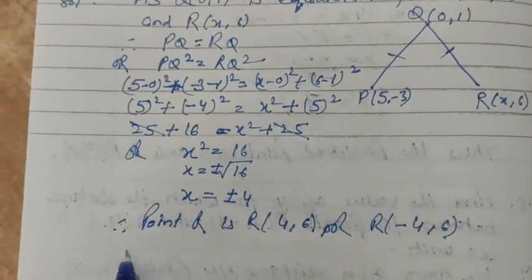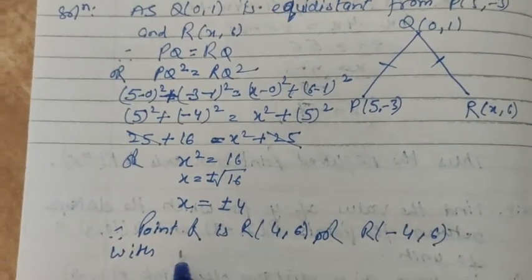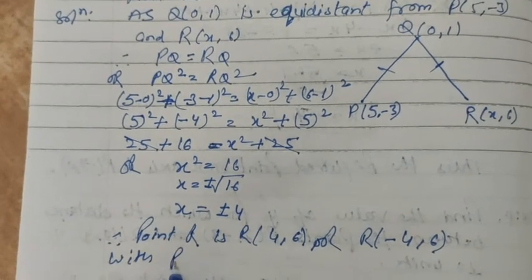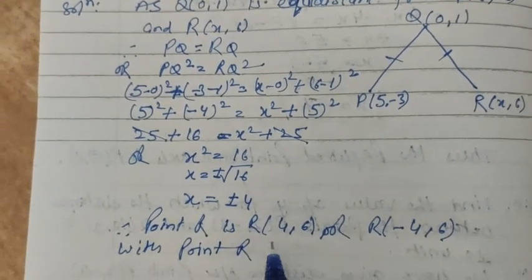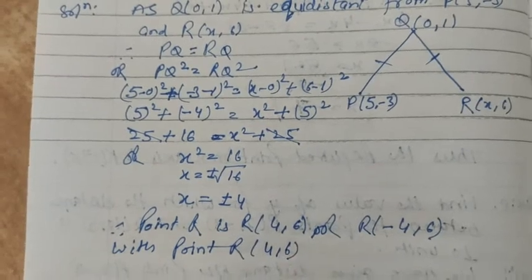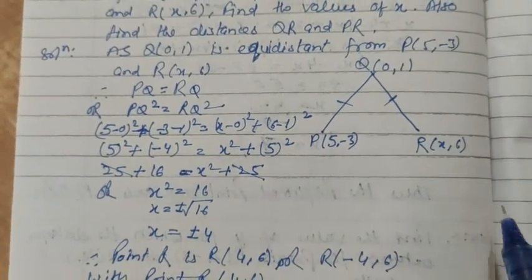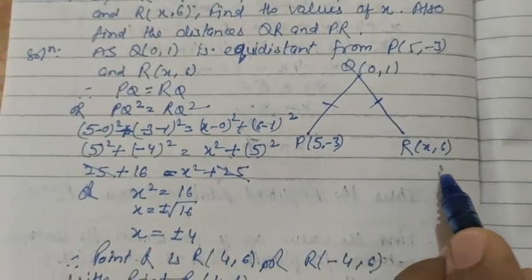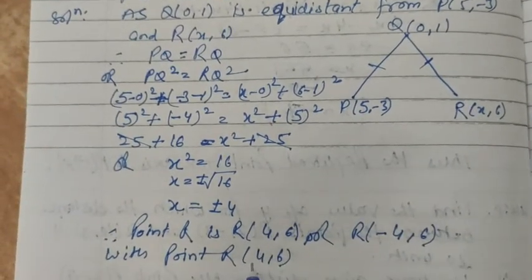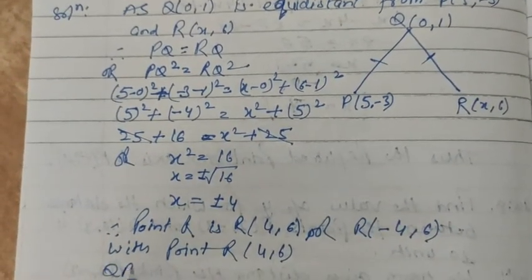Now we are to find the distances also. With point R as (4, 6), which we are taking first, we need to find the QR distance first.